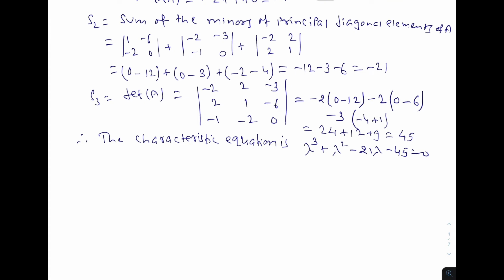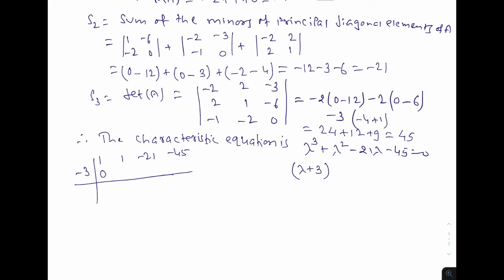So we need to find the roots of this equation, and you apply trial and error by putting 1, not satisfied, then minus 1, then 2, then minus 2, 3, minus 3 and so on. Try yourself and you will see that you get minus 3 as one root. So here the coefficients are 1, 1, minus 21, minus 45, and here it is 0.